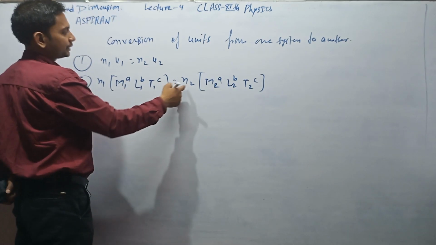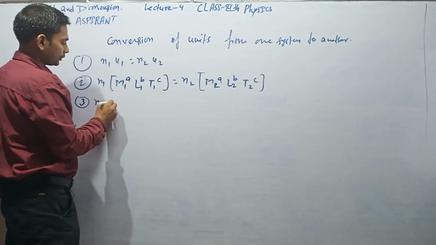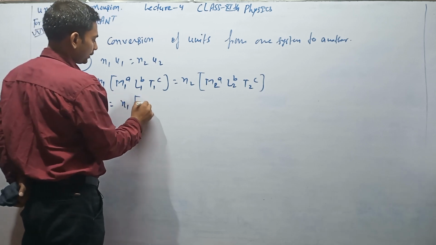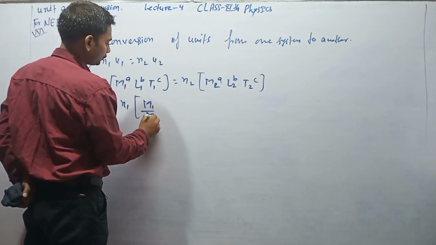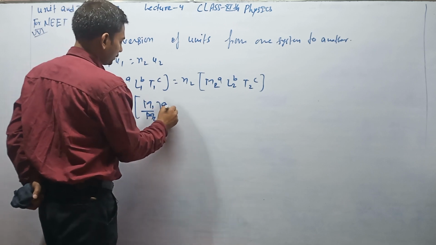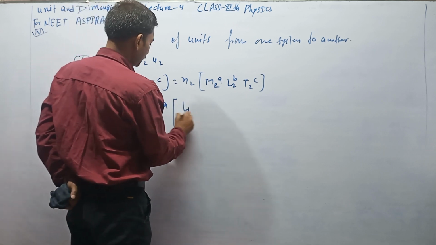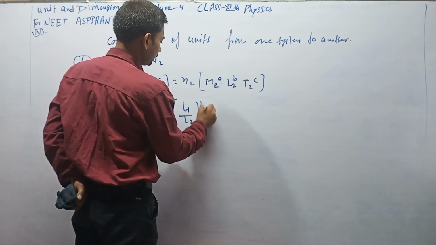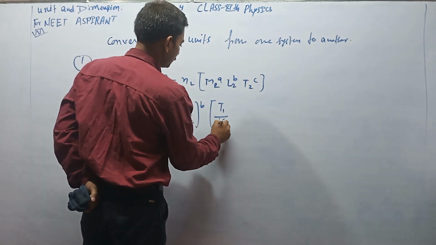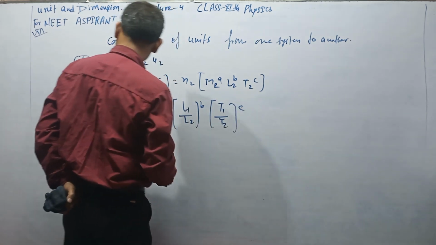Now we get the result: n2 equals n1 (M1 upon M2)^a (L1 upon L2)^b (T1 upon T2)^c.